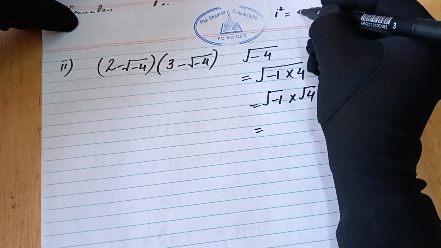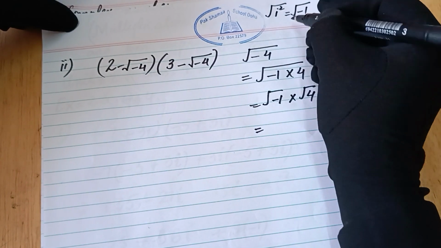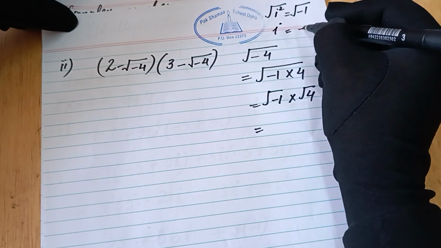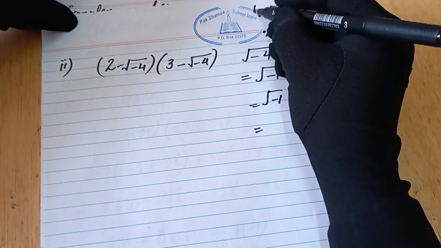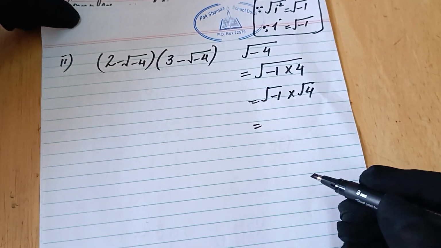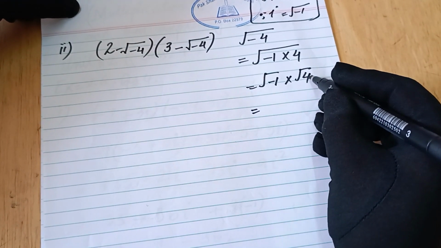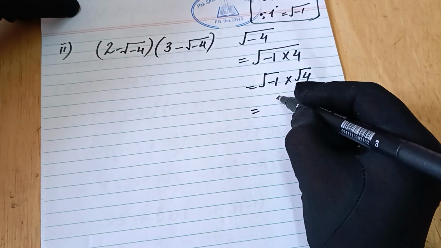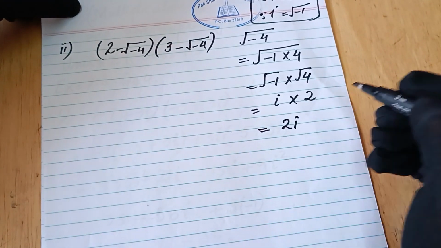Iota square is minus 1, as we proved before that taking square on both sides, iota is equal to the square root of minus 1. So square root of minus 1 is iota, and the square root of 4 is 2. So it becomes 2 iota.